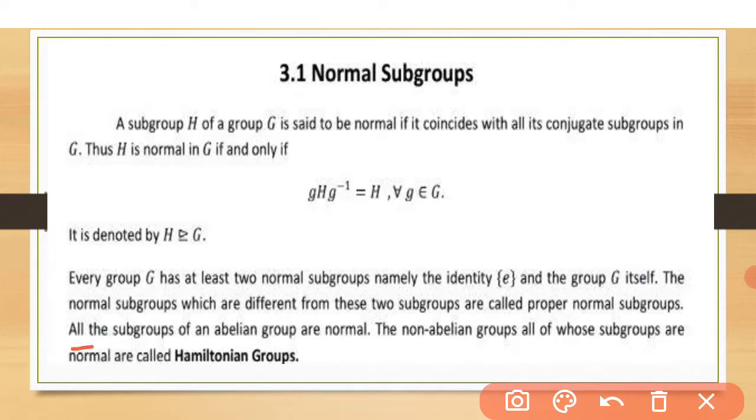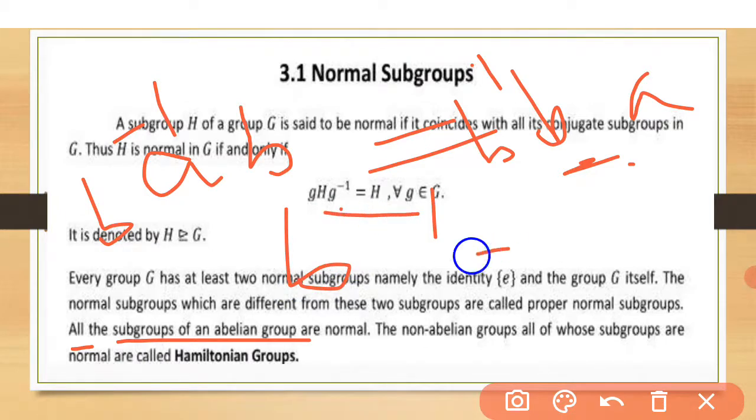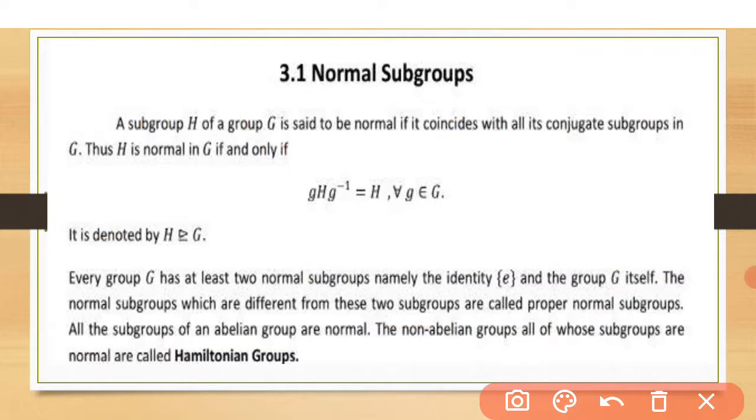All the subgroups of an abelian group are normal, because in an abelian group the commutative law holds and ab is equal to ba. When we multiply by b inverse on both sides, then b inverse ab gives us the same condition which we need for a normal subgroup.